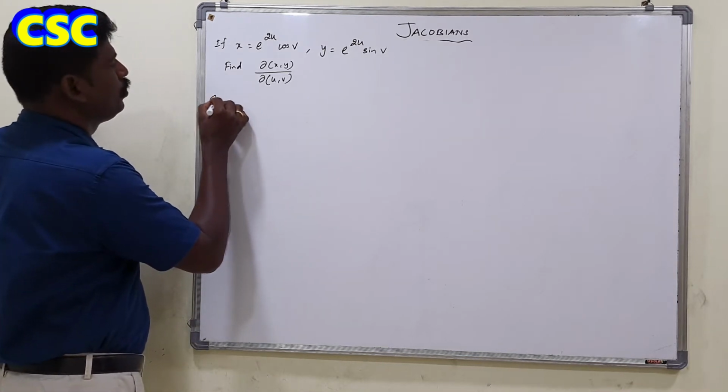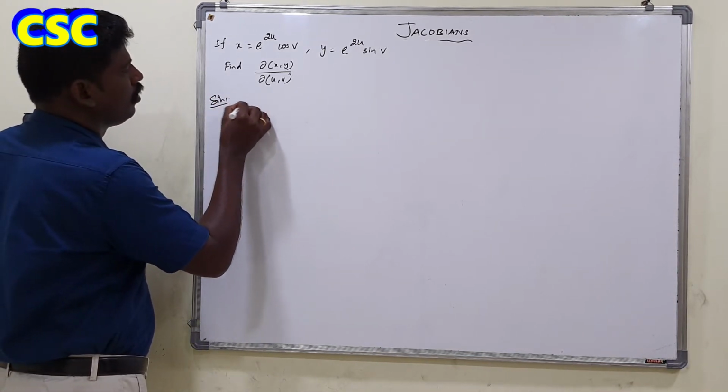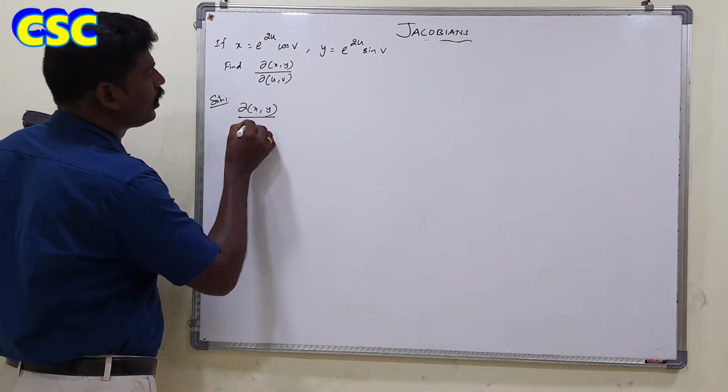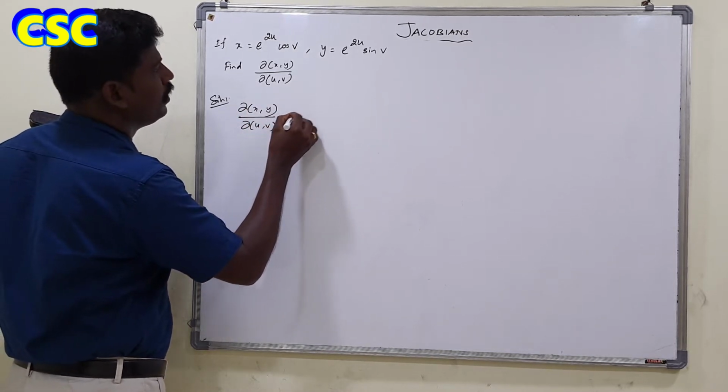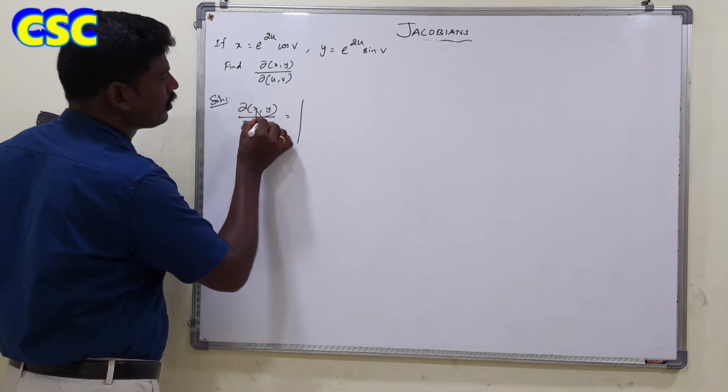So what is this value? Solution: dou of x comma y with respect to dou of u comma v is x with respect to u and x with respect to v.